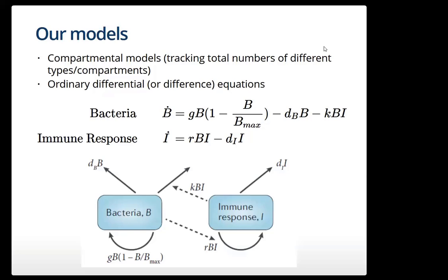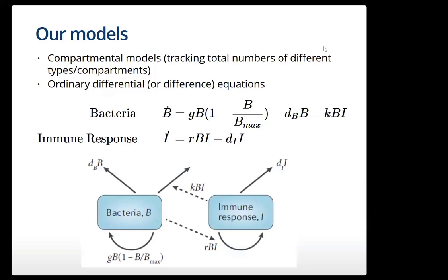The minus dB times B is the rate of decay, basically the rate at which bacteria die. The minus kBI term is an interesting one because that's an interaction: the immune response interacting with the bacteria, and we're assuming it kills them at rate k.